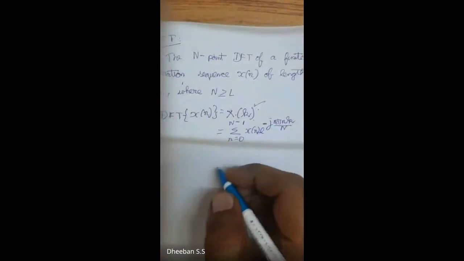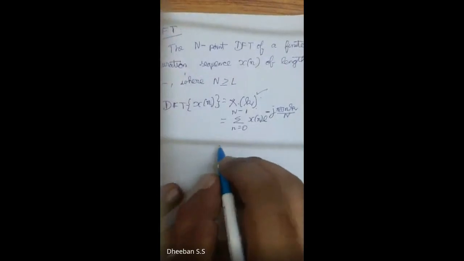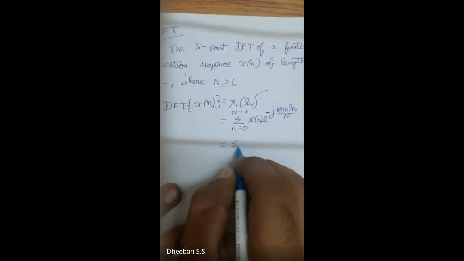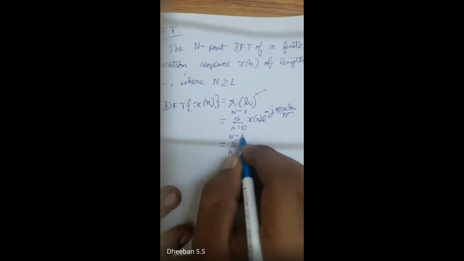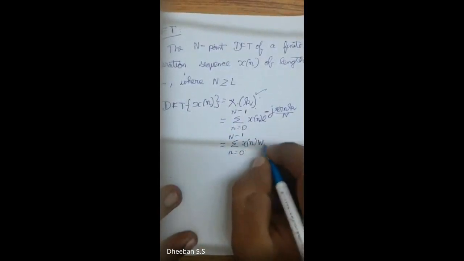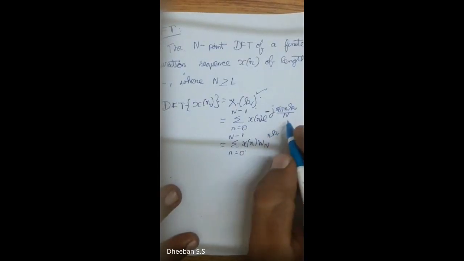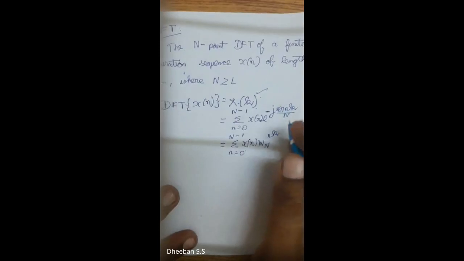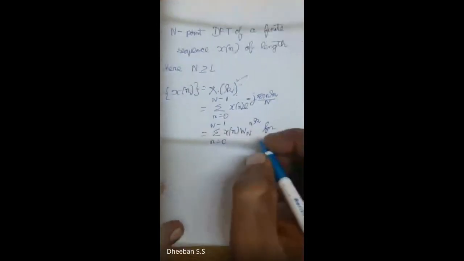This is the formula for DFT, and in general this e power term can be written as summation n equal to 0 to N minus 1 of x of n W N power n k. Here they are taking e power minus j 2 pi by capital N as the W N. This is for simplicity purpose.